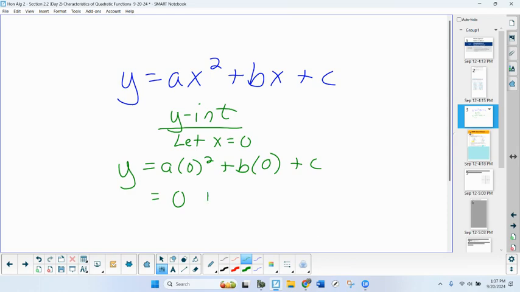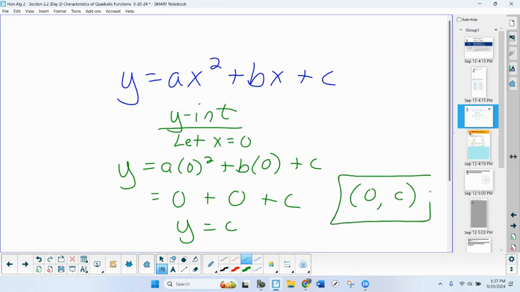What's b times 0? Plus c. What's 0 plus 0 plus c? C. So do you guys see that the y-intercept would be at the point 0, c? So this c value is always going to be your y-intercept. You also learned that in Algebra 1. Okay, the y-intercept is your c value.